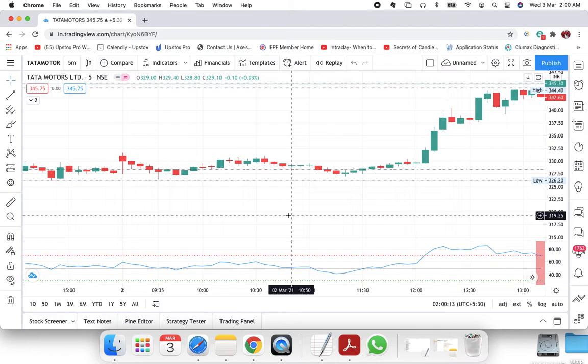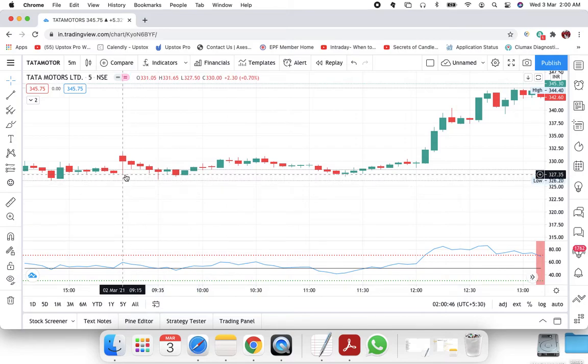If the candle's high is broken, it means the trend is going to continue in the upward direction.